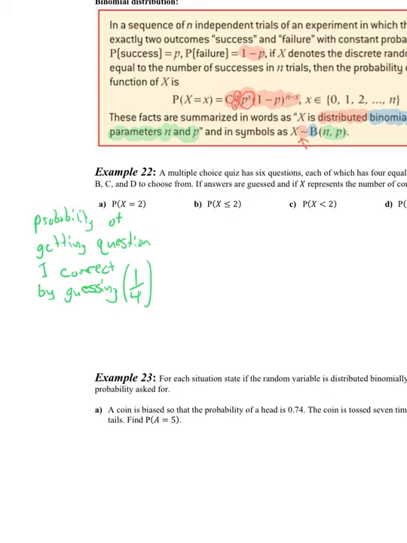So what we can do then is we can say there are 6 questions total. So we can write this as our variable x, and then we do that sign that says distributed binomially, and we're going to do 6, comma 1/4. And 1/4 stands for our probability here.